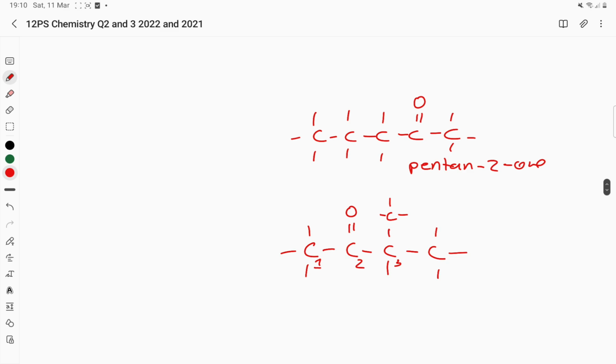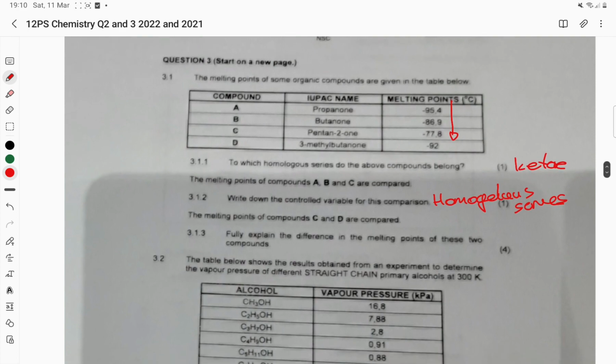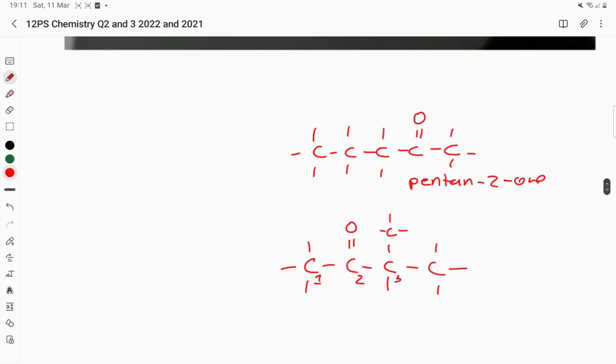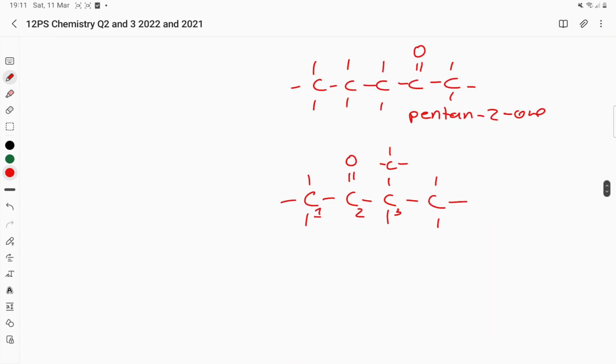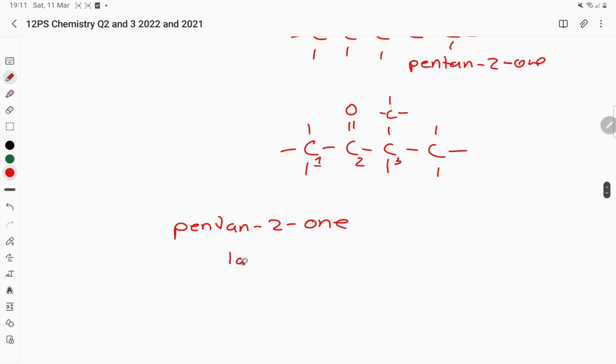Now, why is the boiling point of pentan-2-one higher? Remember, usually look at a number line, but it's higher than 3-methylbutanone. Why is it higher? And we go according to this reasoning here. It's got to do with the chain length. Pentan-2-one has a longer C chain.